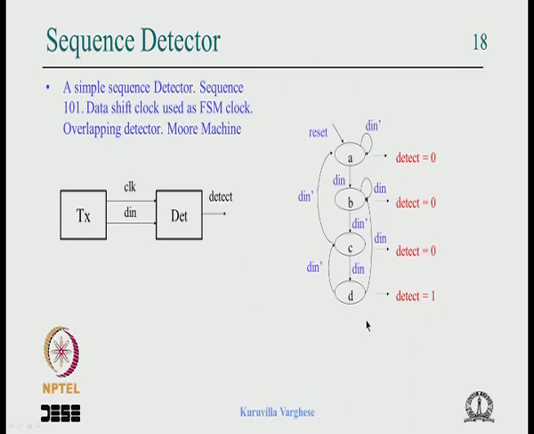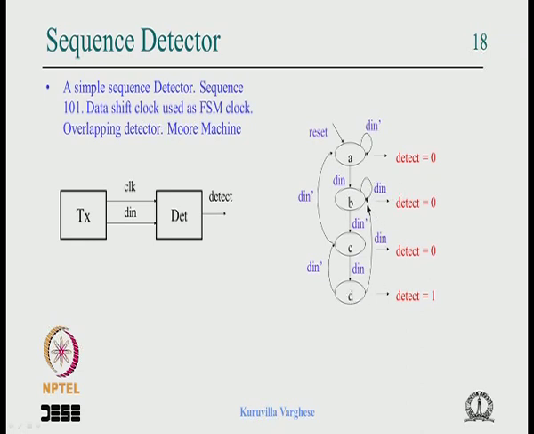Once again, because we have to write the code, remember this. At the beginning, come to state A, detect is 0. With 0 remain there, with 1 go to the next state. With 1 remain there, detect is 0; with 0 you come here because you got 1 and 0, and detect is 0. If it is 0 go back, if it is 1 come to D, detect is 1.